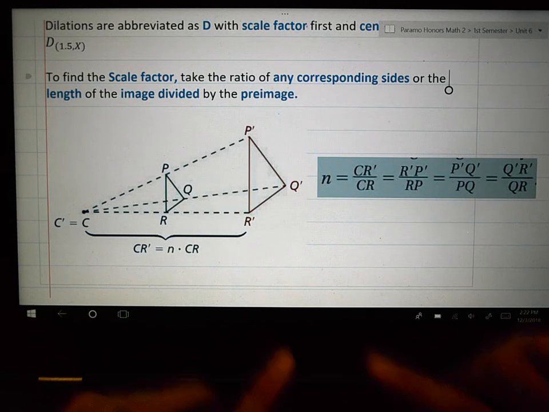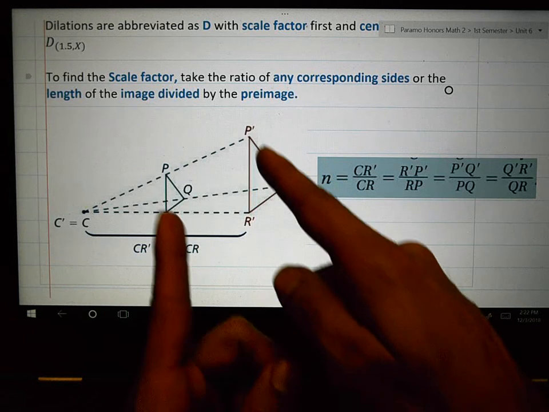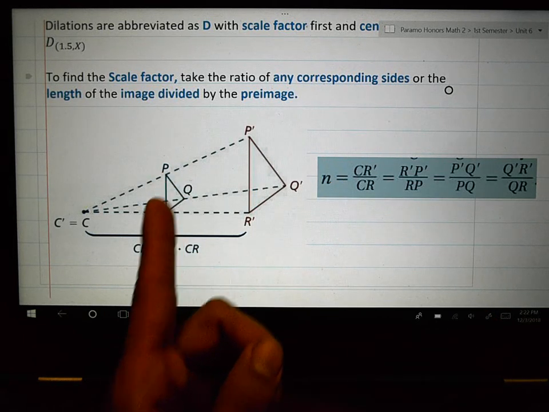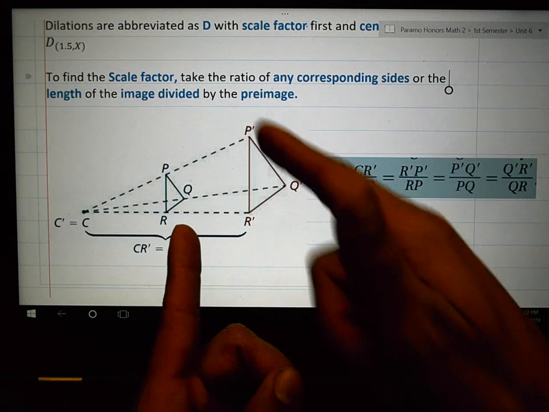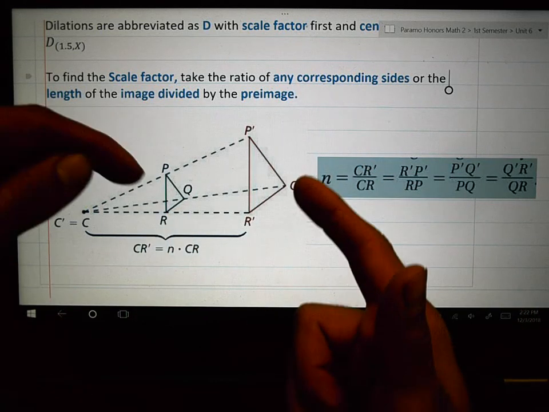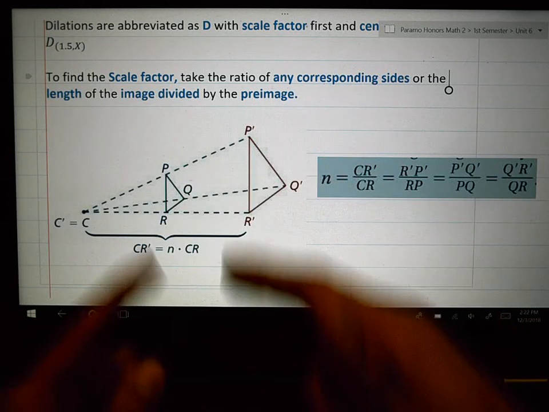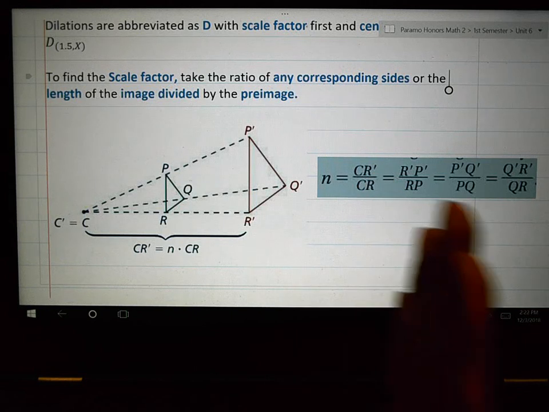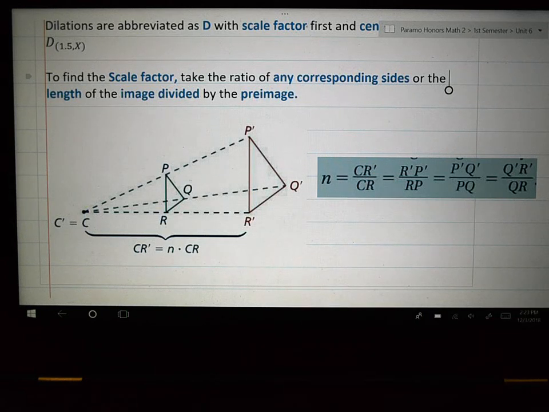What that tells me is, it doesn't matter if I'm talking about this image, top right, over this pre-image. The after divided by the before. This divided by this is going to equal this divided by this, which is going to be equal to this divided by this. All three of those ratios are the same thing as the scale factor reduced to lowest terms.